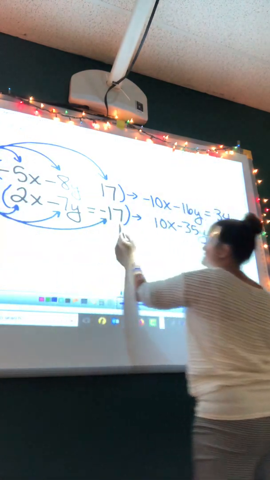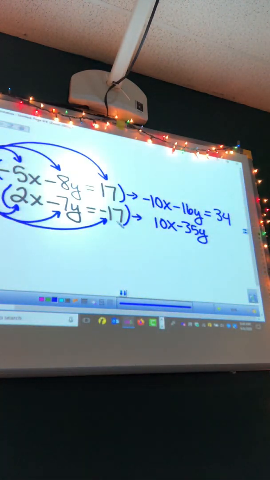And 5 times negative 17, and I'm not a human calculator, so if we need to punch that in, could somebody maybe for me? Negative 85. Negative 85? Thank you.